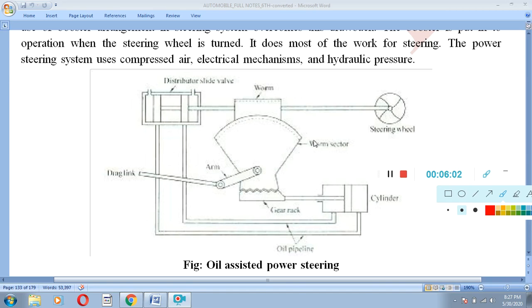The piston in the booster cylinder will turn the road wheels via the gear rack, the toothed worm sector, arm, and drag link. In the meantime, the worm sector will actuate the worm and shift it along with the distributor slide valve to its initial position. This movement of the slide valve will stop the piston travel in the booster cylinder. Here, the system provides power assistance in proportion to the effort needed to turn the wheel.